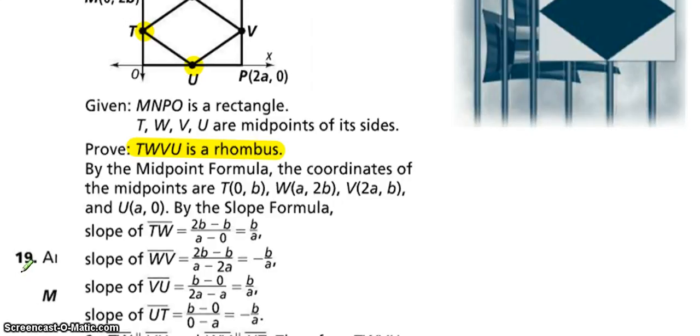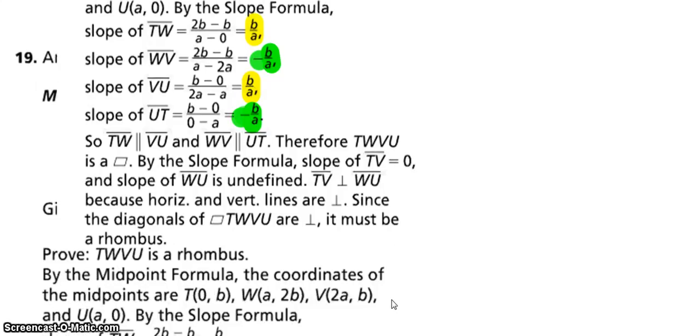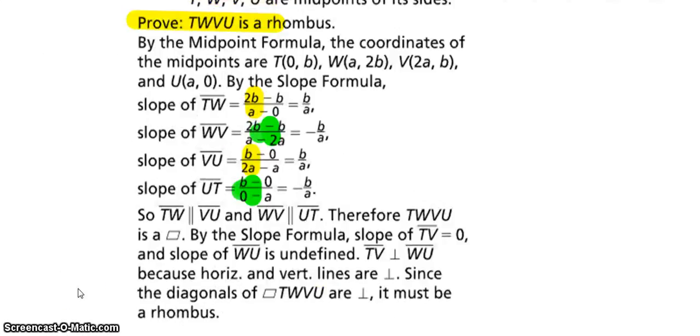Now to be a rhombus, we want their slopes to be the same, so we see that TW and VU have the same slope, and then WV and UT have the same slope. Sorry, my images got a little glitchy there for a second. So we have our slopes that are the same here.